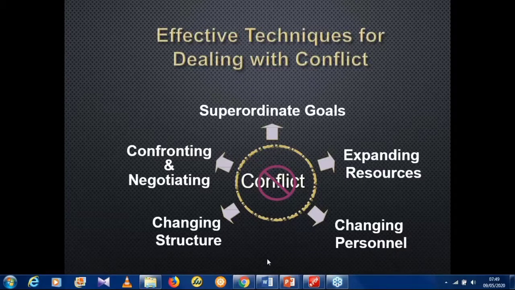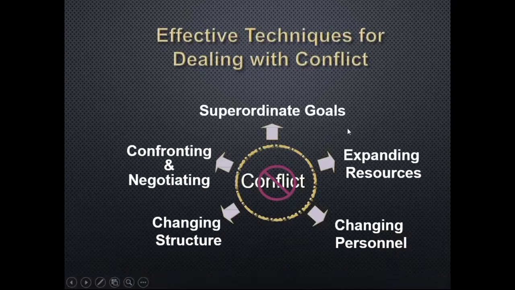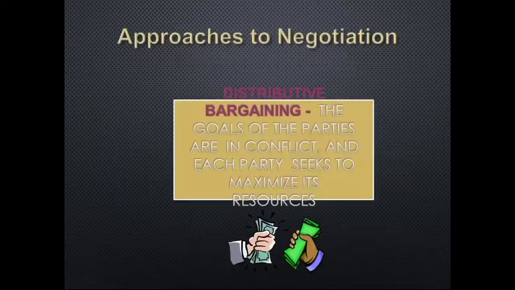Okay, so from there we talk about the approaches to negotiation. We have distributive bargaining. In distributive bargaining, the goals of the parties are in conflict and each party seeks to maximize resources. Whatever resources are available, we try to see how we can maximize them.